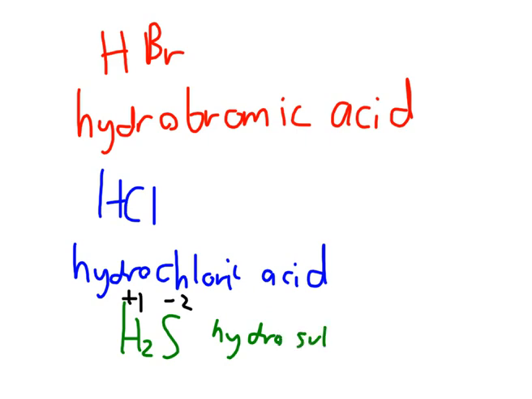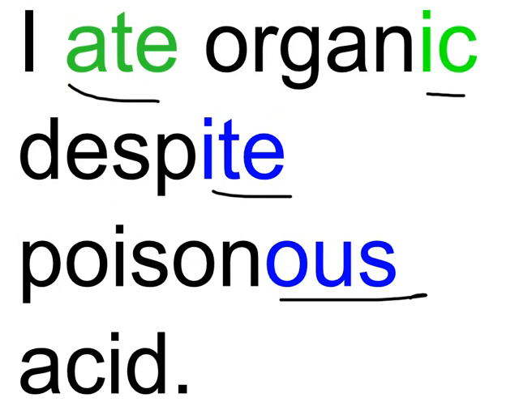Hydrosulfuric acid. Alright, now coming back to this page, if the acid ends in ate, change the suffix to ic and then add acid. If the acid ends in ite, then change the suffix to ous and add acid.